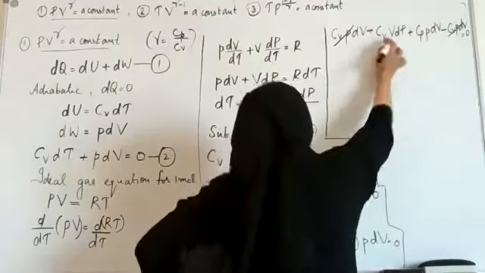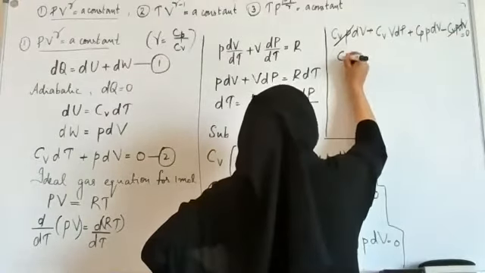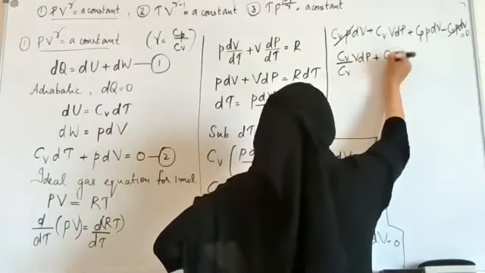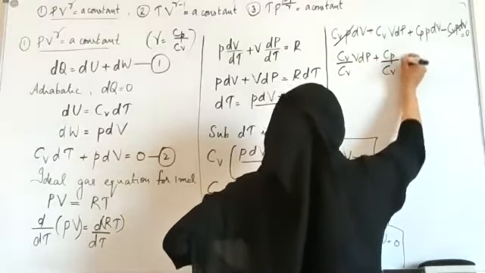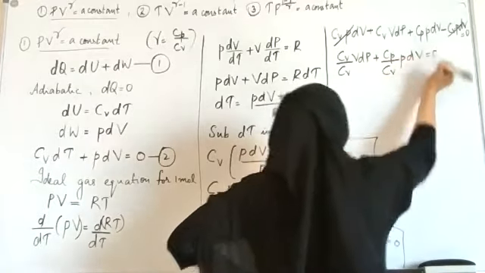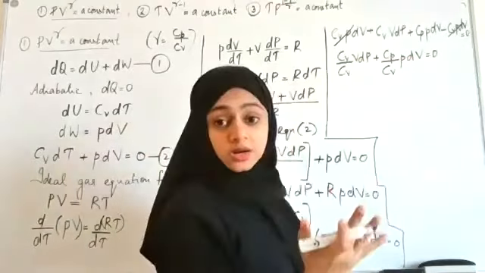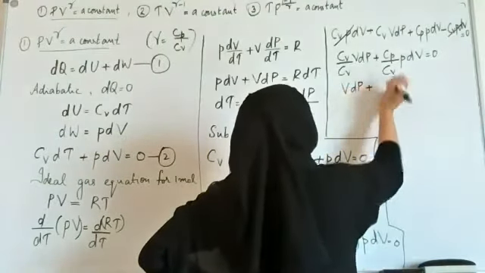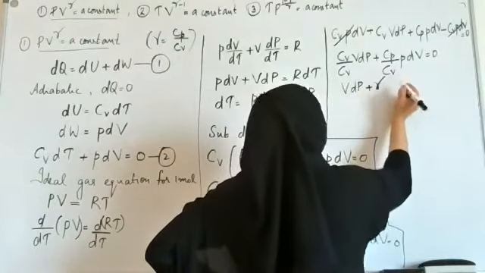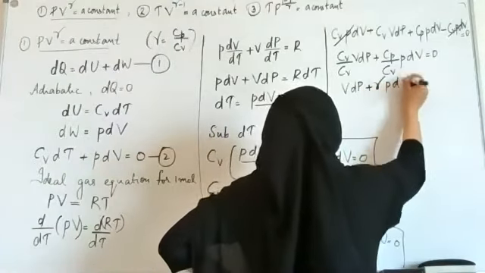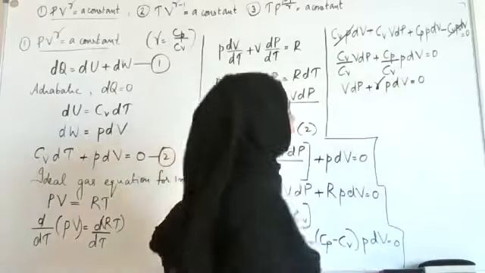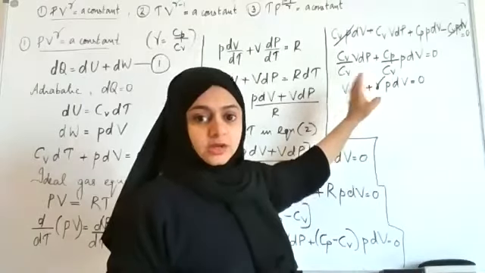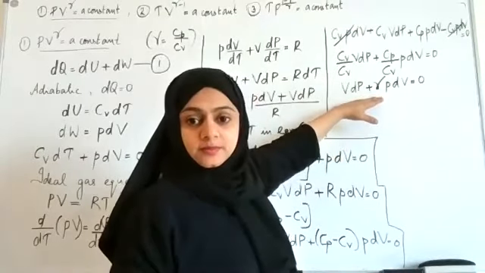So Cv by Cv VdP plus Cp by Cv PdV is equal to 0. Cv by Cv is 1. So I have VdP plus Cp by Cv, which is gamma, PdV is equal to 0. Is this clear to you? Do you have any doubt till this point?